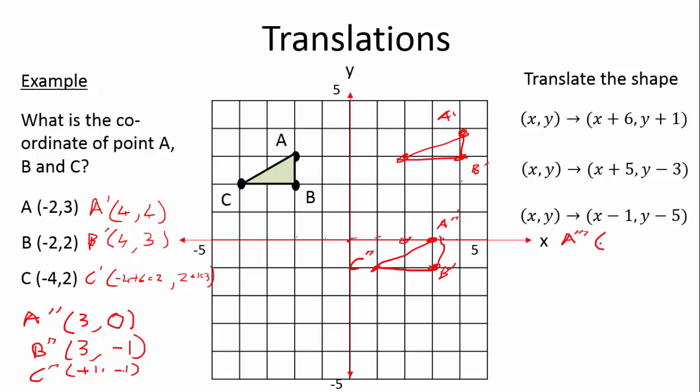So we're going to go x minus 1: x is -2, minus 1 is -3, y minus 5: 3 minus 5 is -2. So we have x is -3, 1, 2, 3, -2, 1, 2, and that's going to be A double dashed. And now we can simply draw the rest of the triangle in there.